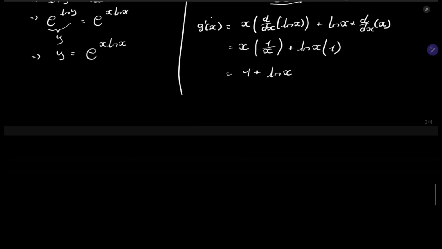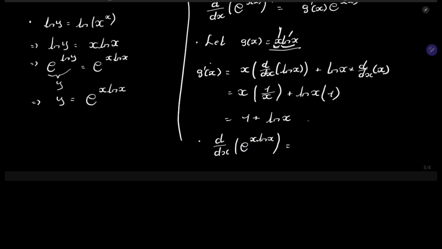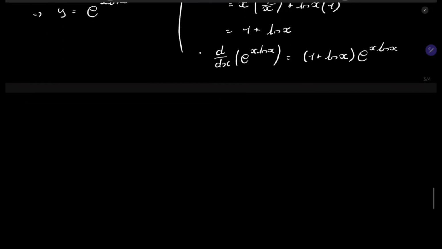Now, applying this directly to our solution, the derivative with respect to x of e to the x ln x is equal to g prime of x, 1 plus ln x, times e to the g of x, e to the x ln x. So what can we then conclude?